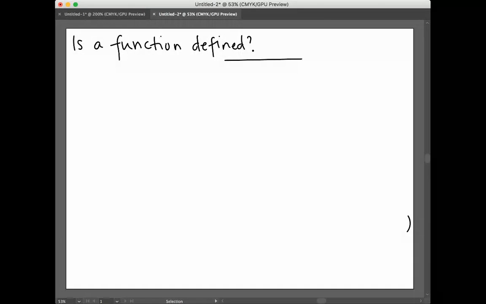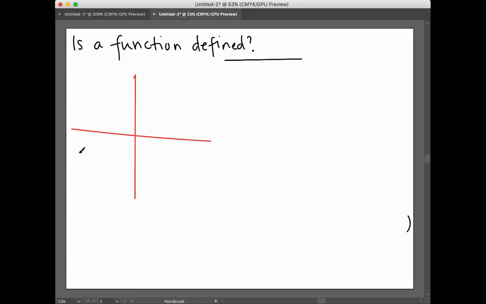Another thing that you can have, let me just erase all of this because I just thought of it, is you could also have a function where the function is defined, but the limit does not exist. So let's say we have this function right here. We're at c. The function here is defined at c.